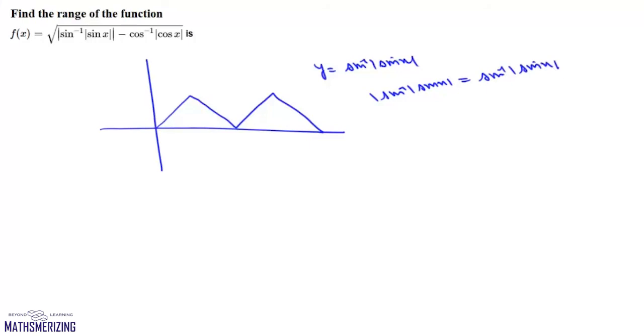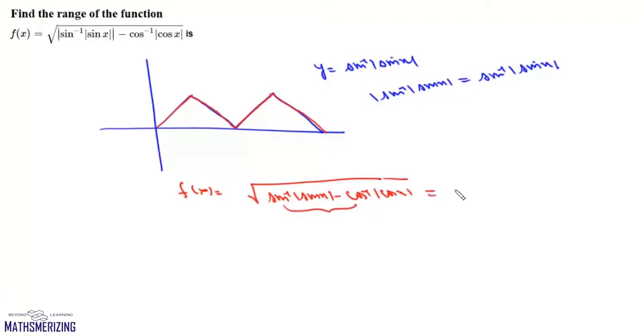Now we have also studied that graph of cos inverse of mod cos x is same as graph of sin inverse of mod sin x. So we can write this function f(x) as square root of sin inverse of mod sin x minus cos inverse of mod cos x, and since both these functions have the same definition, they are same function. So this is simply 0. So this function is a constant function and its value is 0. So range of this function is simply 0.